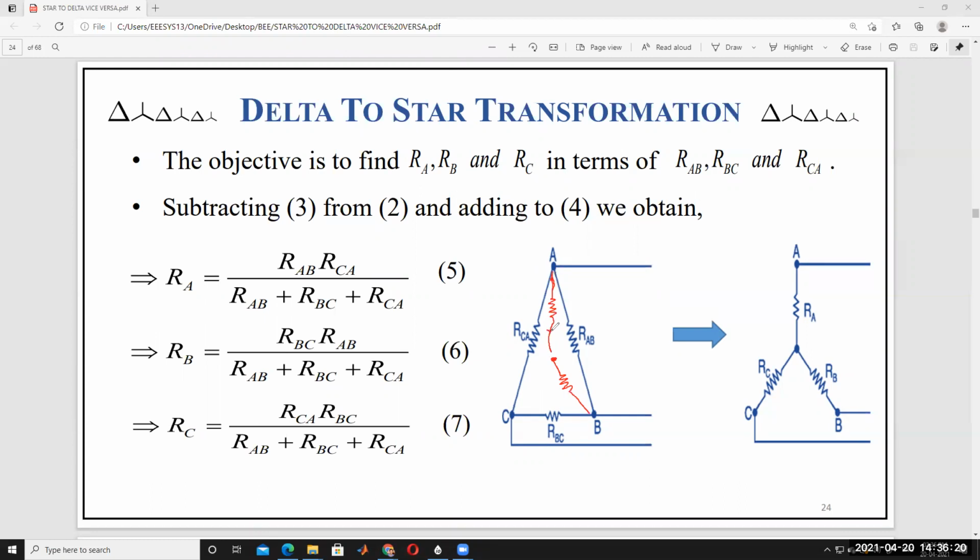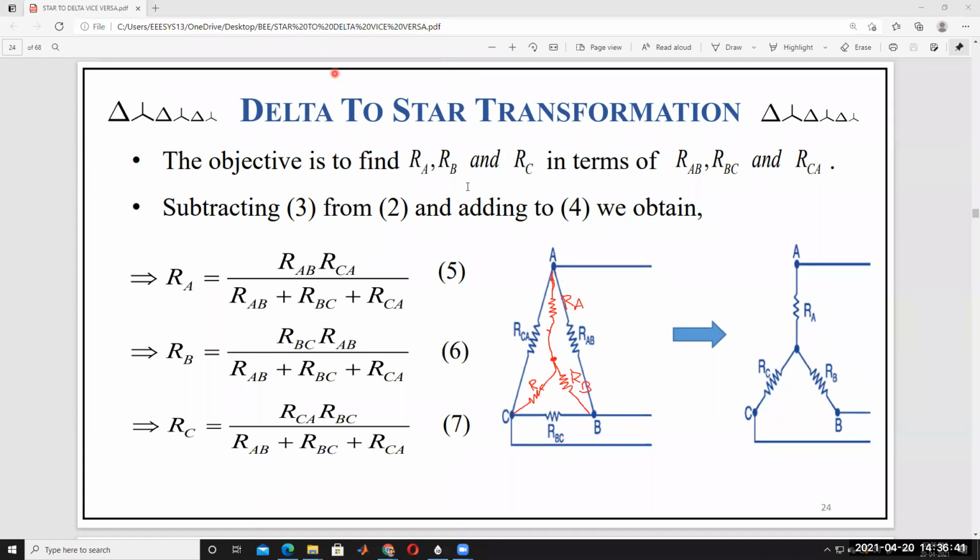And this is called RC. This is called RA, this is called RB, this is called RC. Delta to star network connection.